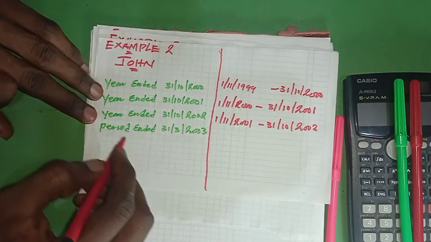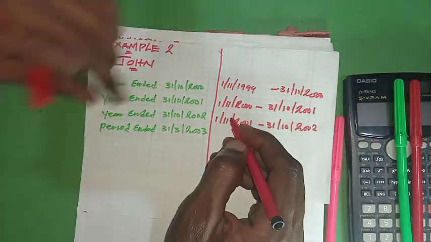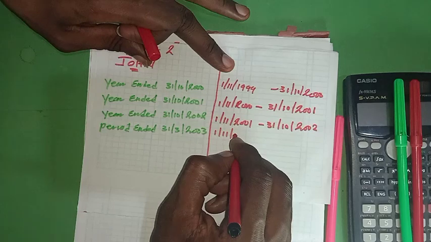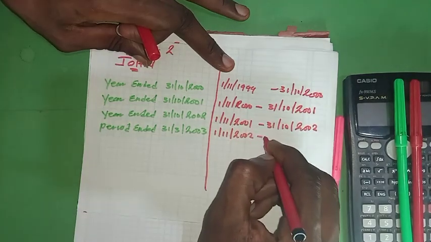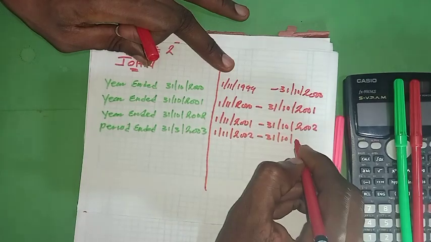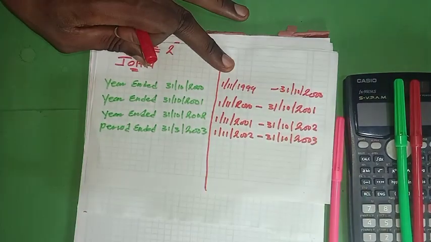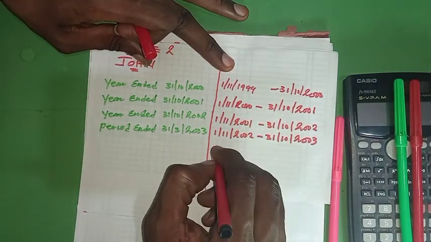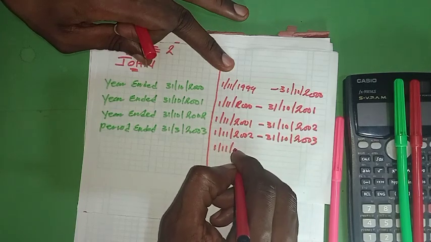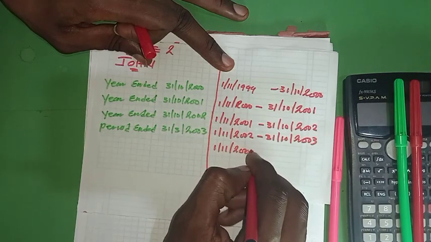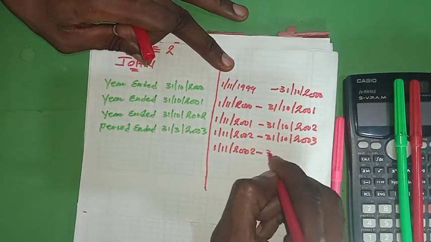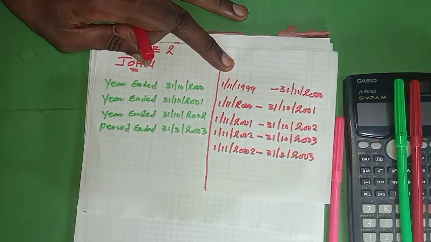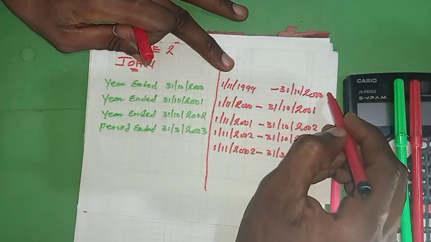Then in the next year, instead of continuing the account from 1st November 2002 to 31st October 2003, they stubbornly prepared an account to 31st March 2003.